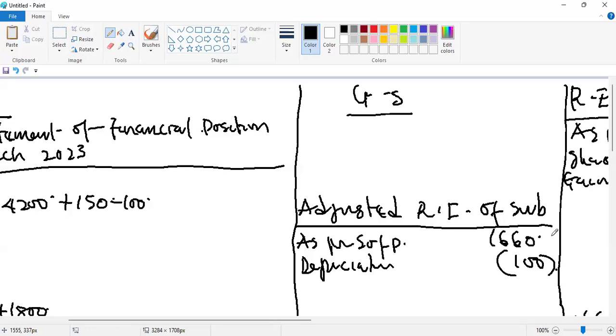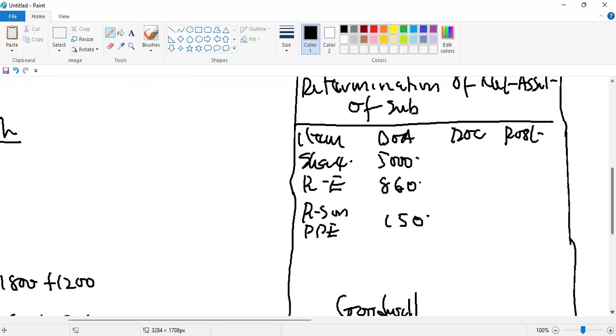For business combination, you must recognize it. 90 million, and they say it has indefinite useful life.